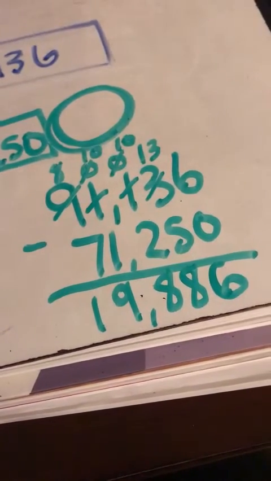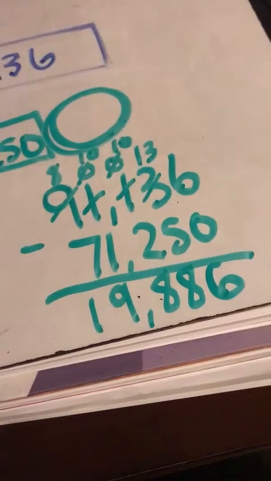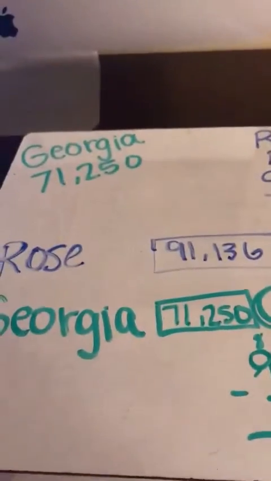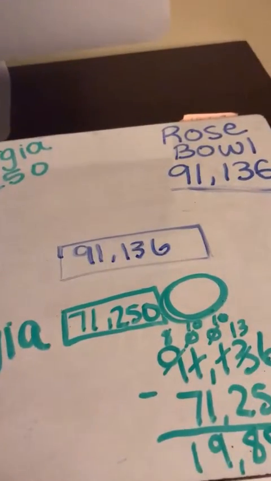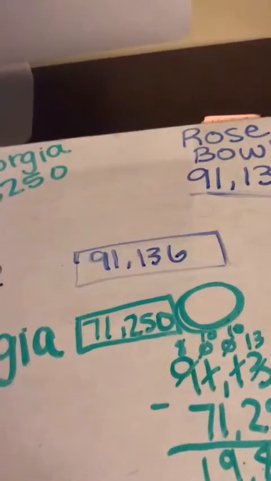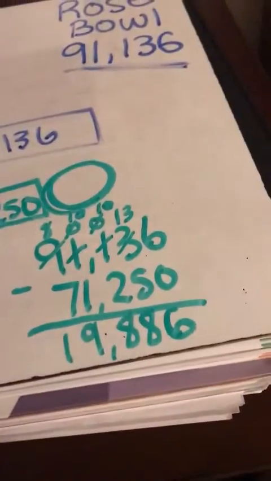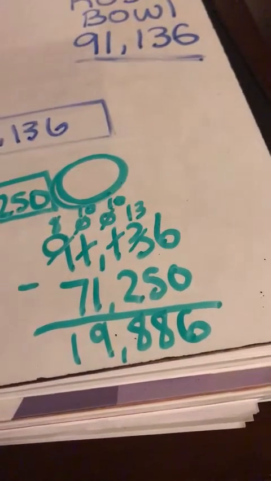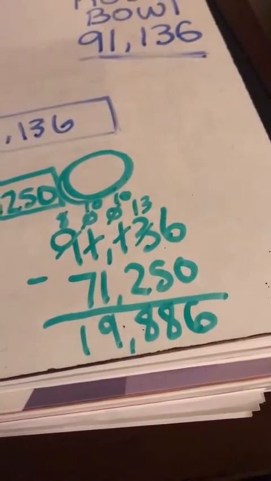When I solved, I got 19,886 more seats. When I thought of it mentally, I was thinking there's about 20,000 more in the Rose Bowl Stadium because 91 is about 20,000 more than 71. So this is super close to 20,000. We're just a few hundred off. So that would be your answer for that problem.